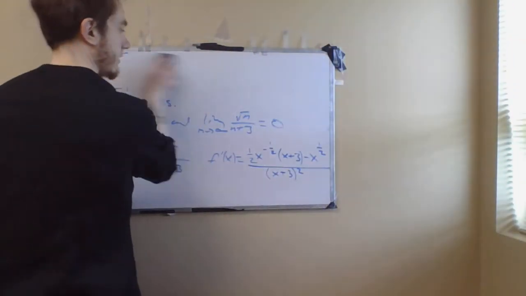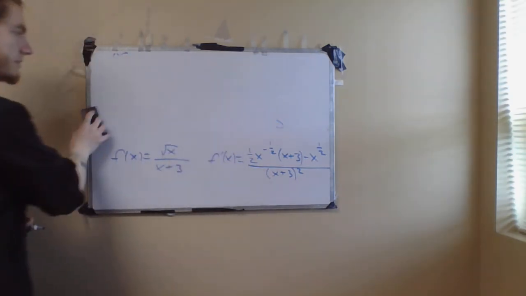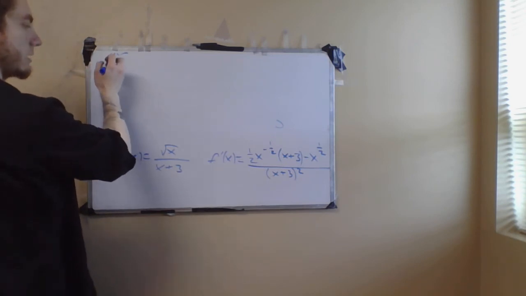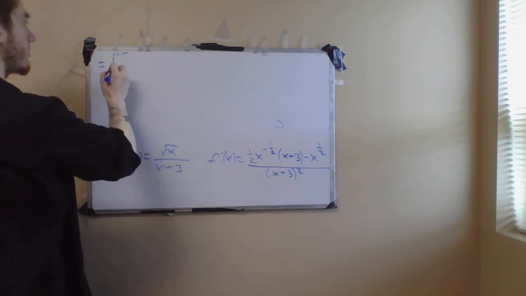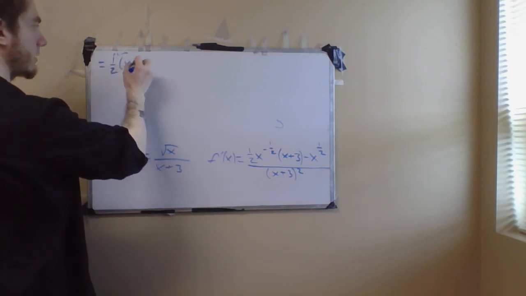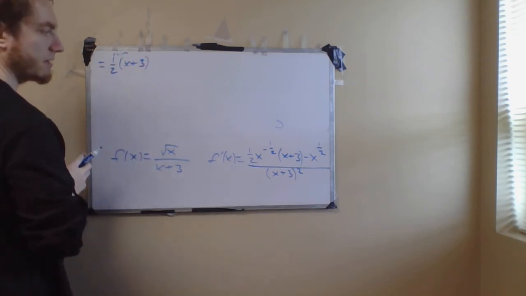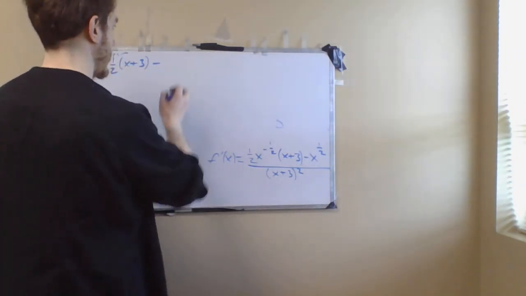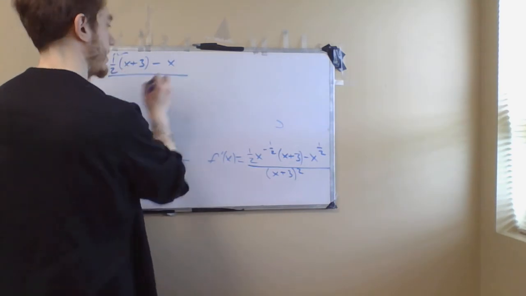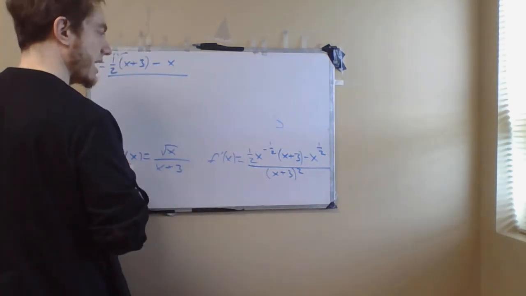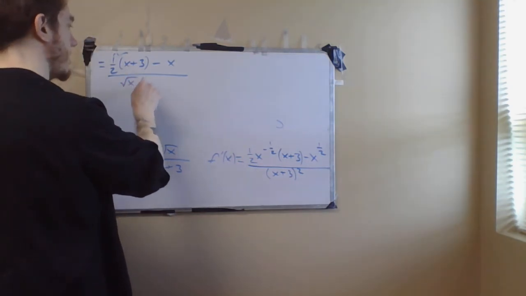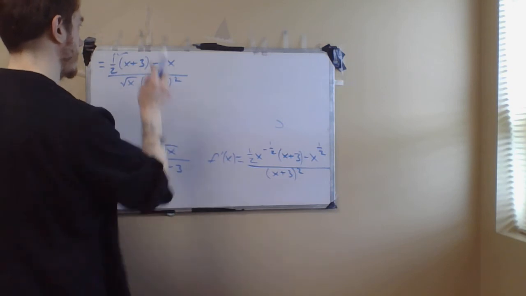So this is going to be equal to 1/2 times (x plus 3) minus x, divided by square root of x times (x plus 3) squared.